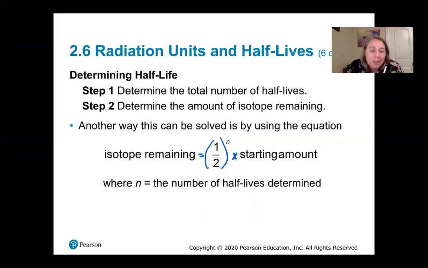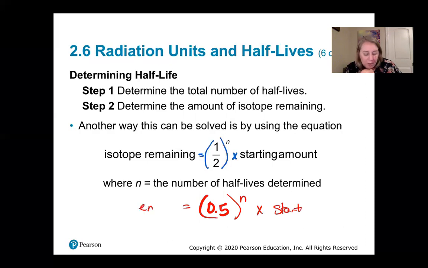There's an equation: the amount remaining is equal to 1/2, or 0.5, raised to the n, times however much you started out with. So whatever you end with is equal to 0.5 raised to the number of half-lives times the starting amount. Let's go and do some of these.